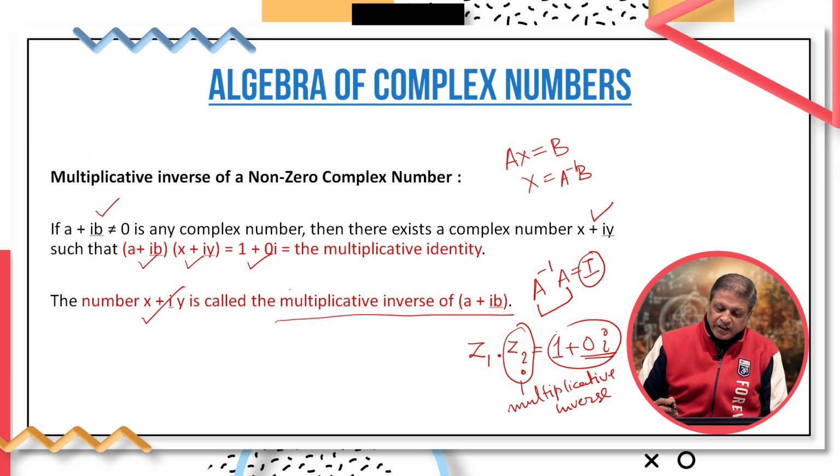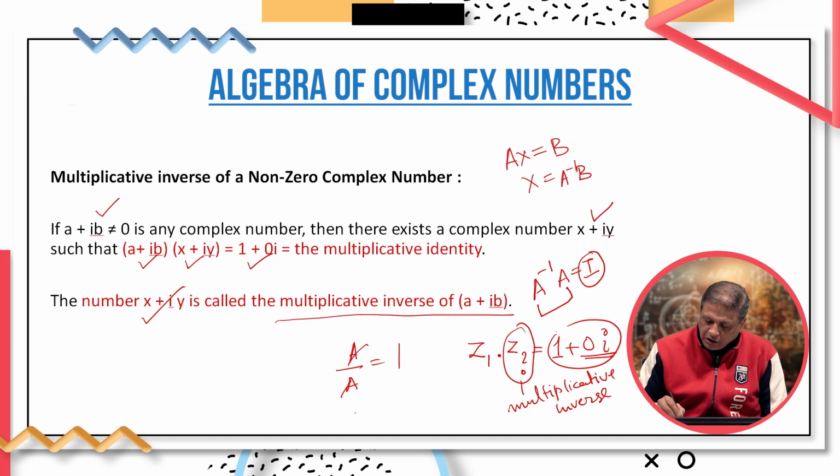I hope you understand that there are two complex numbers such that the product of the two is only a real number whose value is 1. So the other number x plus iy is cancelling. Actually, you can say that a upon a is equal to 1.